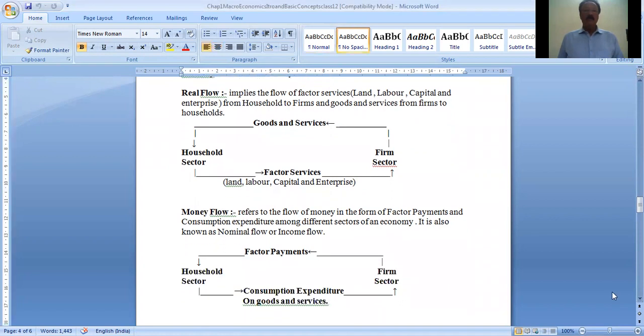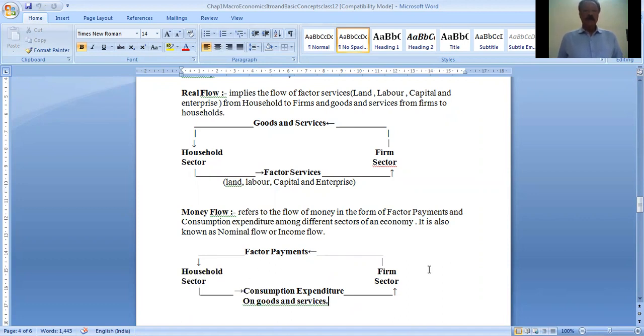It is also known as the nominal flow or income flow.